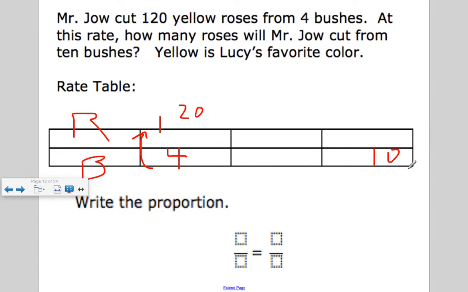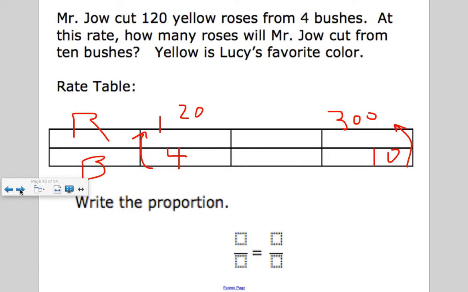I think this will save time. Can 4 go into 120 times 30? So 10 times 30, the answer is 300. And I'm done. It's 300 roses and 10 bushes. I like that. So sometimes you can multiply within. Within is up and down, or between, left to right.